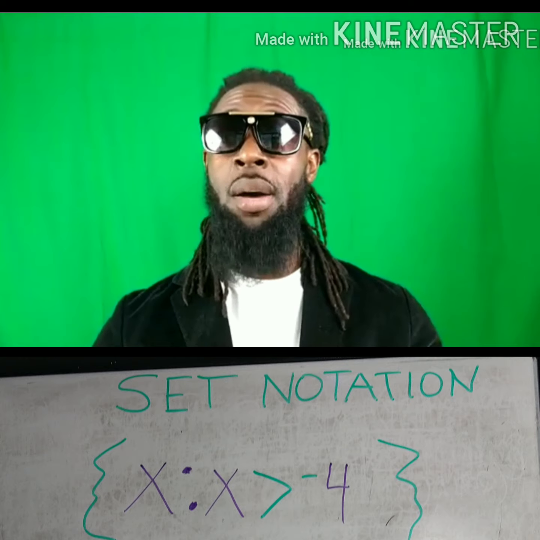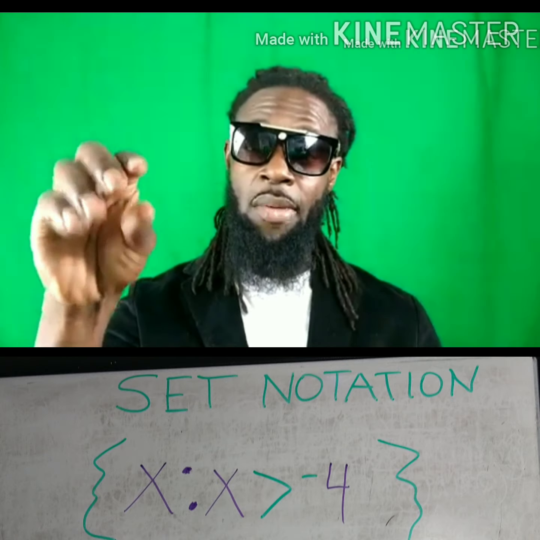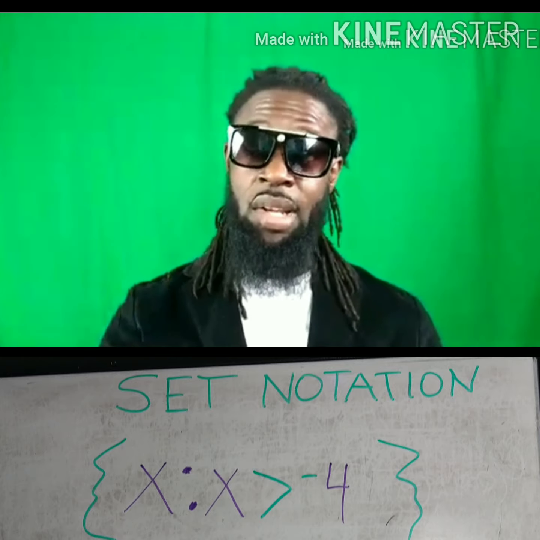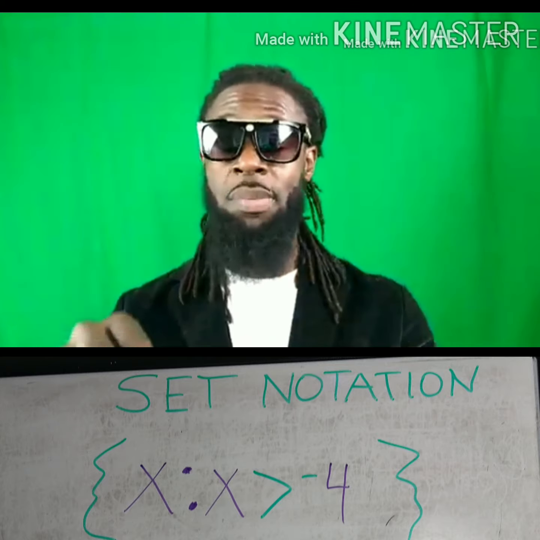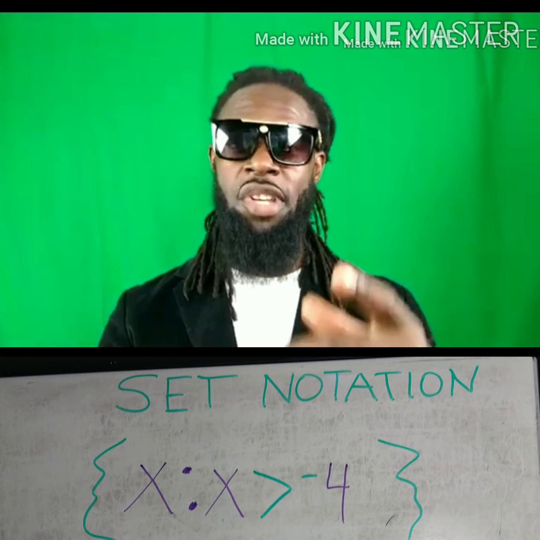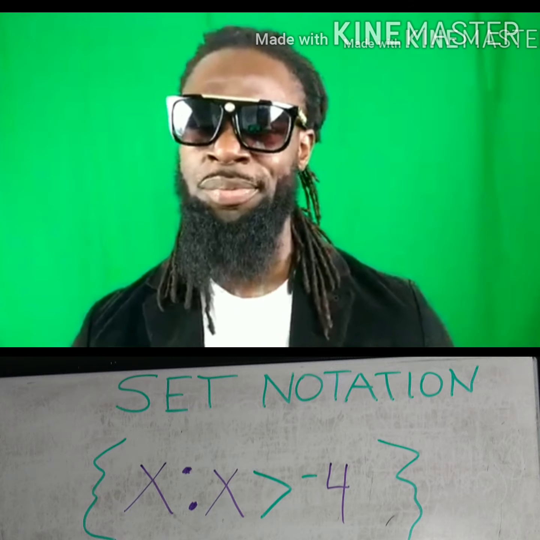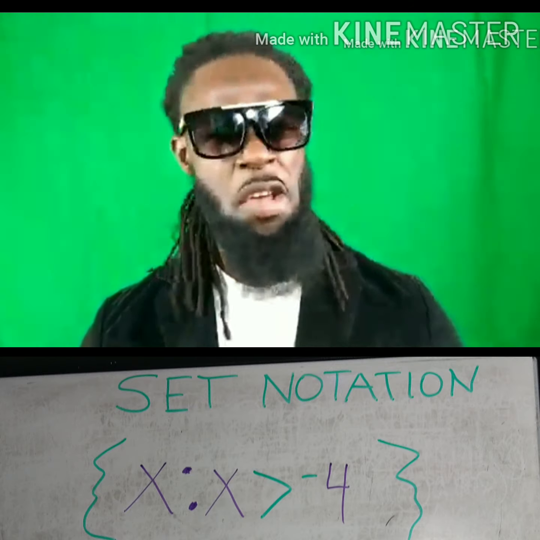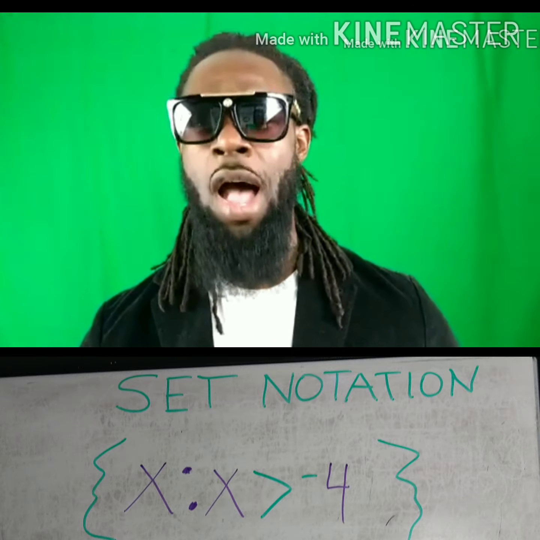If I take any number greater than negative 4 and plug it into the beginning inequality, it should make a true statement. So that's the set notation. Just in case they ask you to write that out, you know how to do it. I have all faith in you. You can do it.